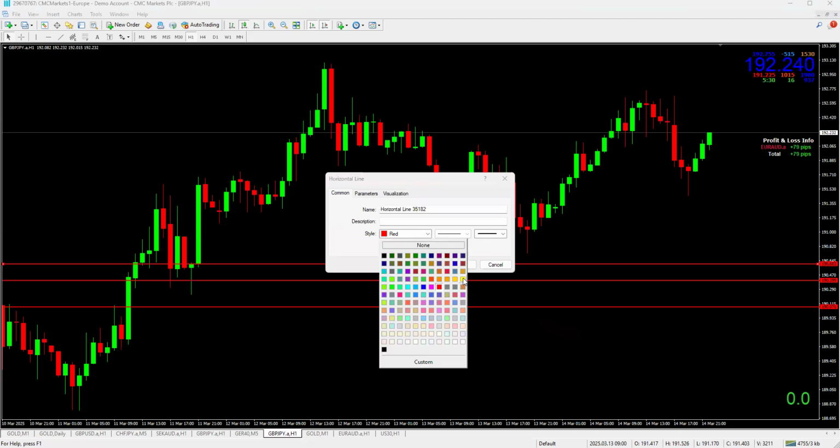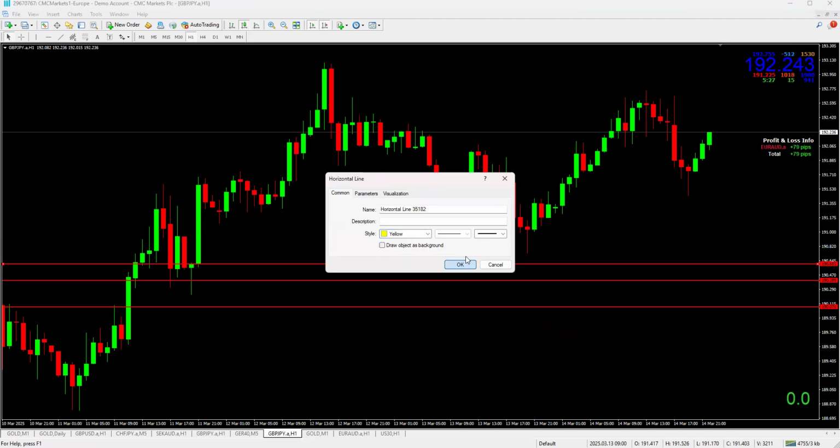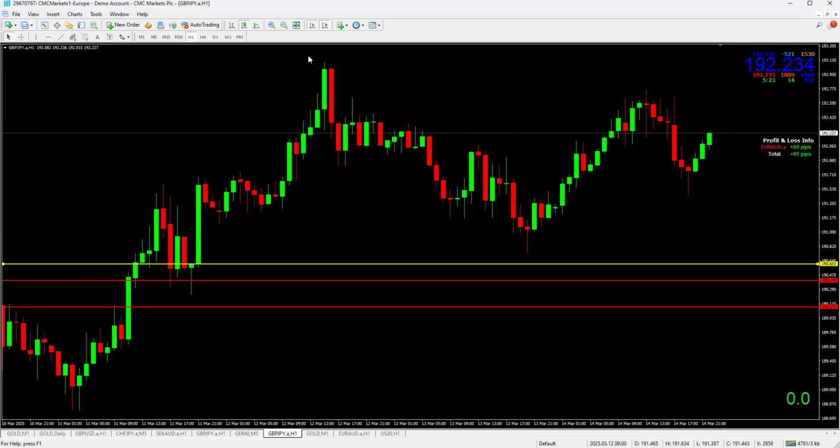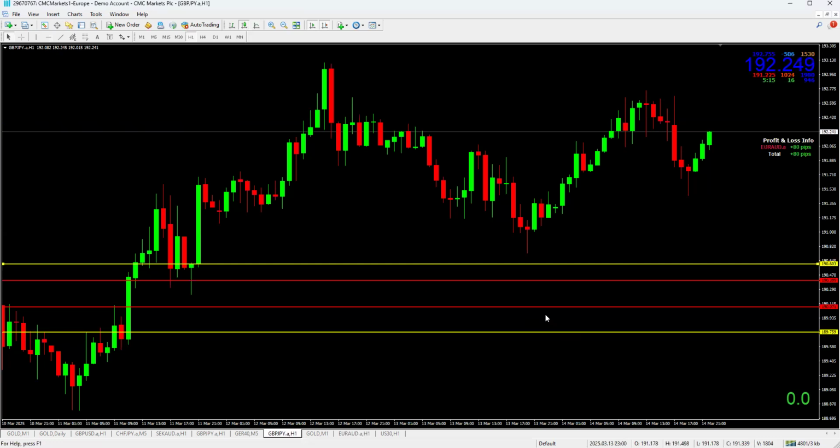Which one are we looking at now, top or bottom? We're working with this one. This is the highest. Both of them are almost the same.